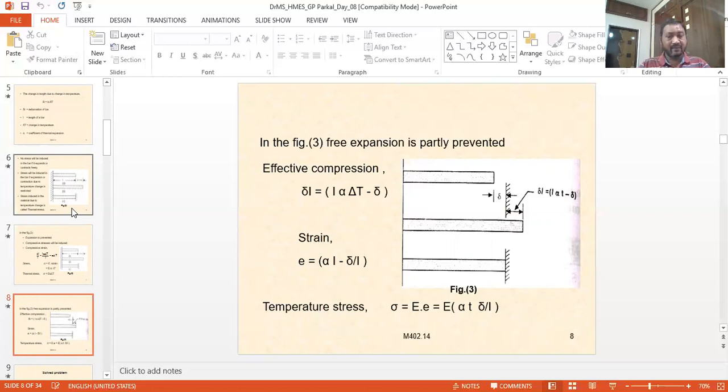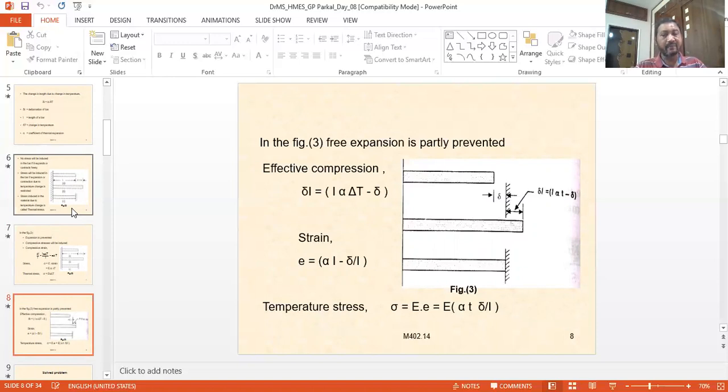Now the last figure shows that the bar is stopped by a support after allowing its expansion up to an amount of delta.